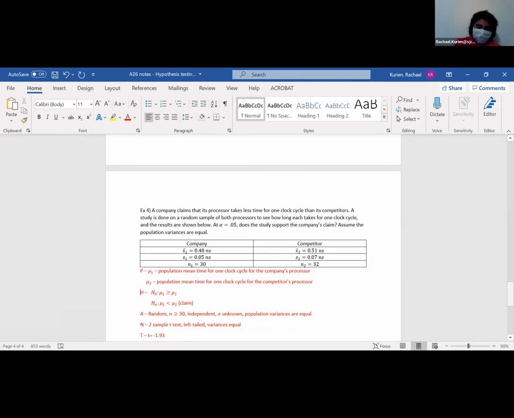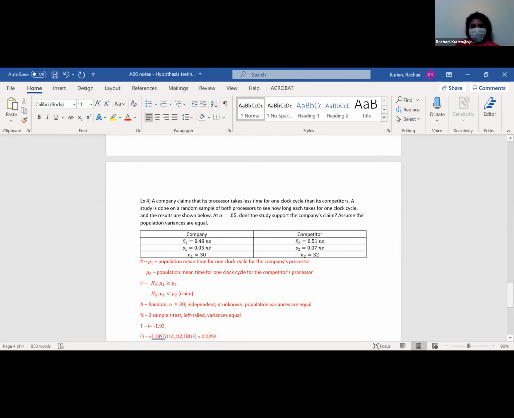So the test statistic is negative 1.93, and the p-value is 0.0292. Since David told you earlier that this one is rejecting, let's figure out why. Is 0.0292 less than 0.05? Yes, it is.